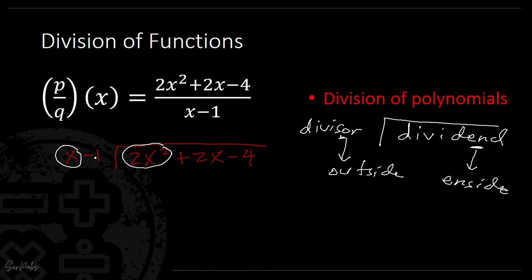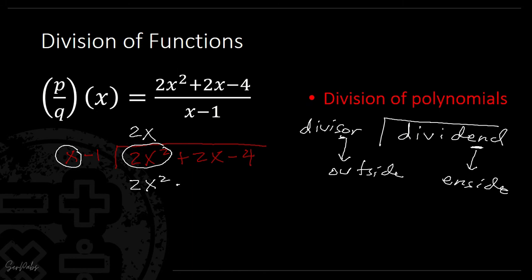Okay? So, first term ng dividend divided by first term ng divisor. So, 2 divided by 1, 2. X squared divided by x, we have x. So, we have 2x. 2x times x, we have 2x squared. And then multiply.